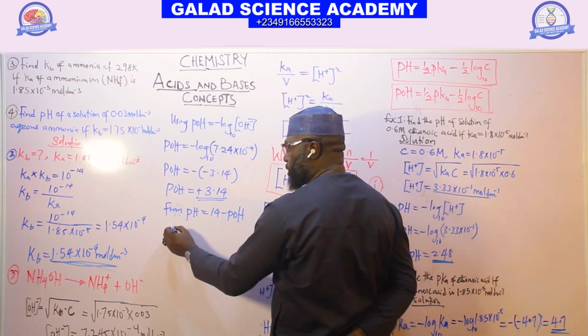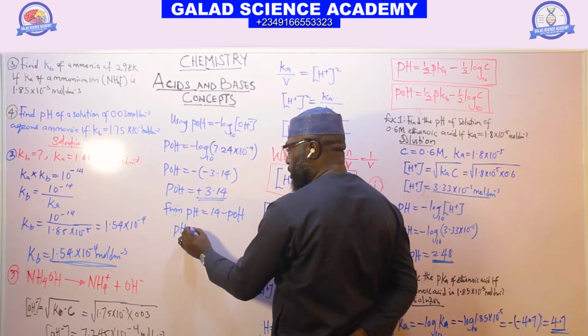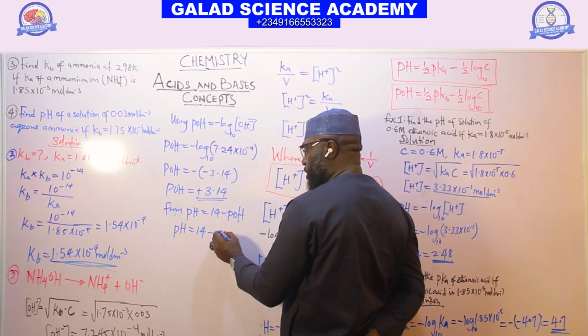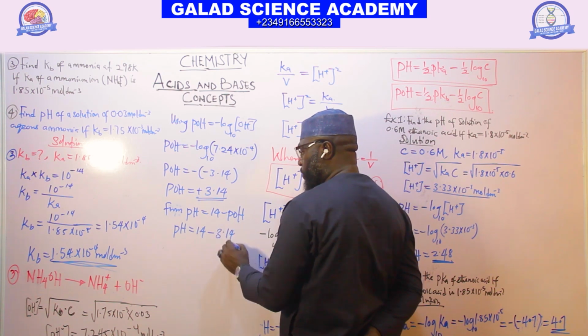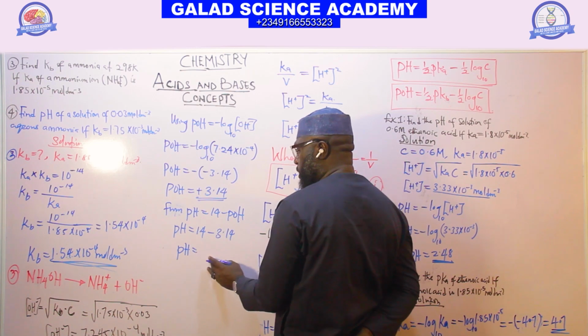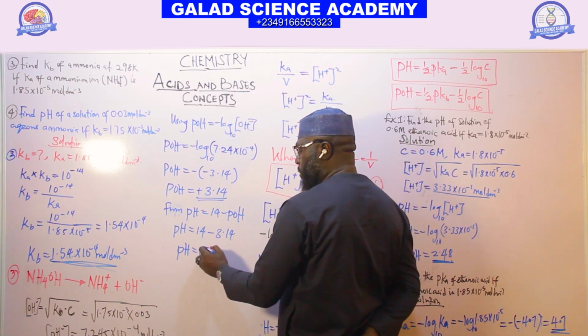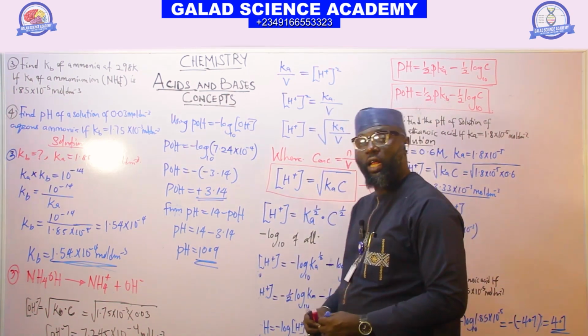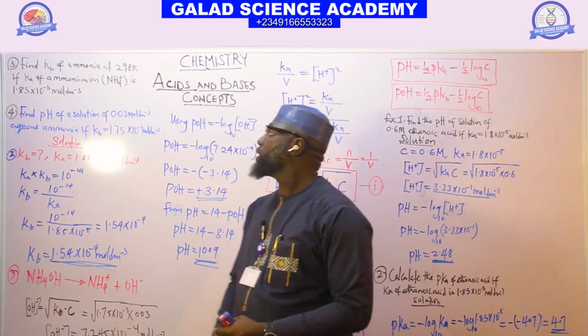So you now have pH equals 14 minus 3.14, since pOH is 3.14. Subtract it, and the pH will give us 10.9. That will be the final answer.